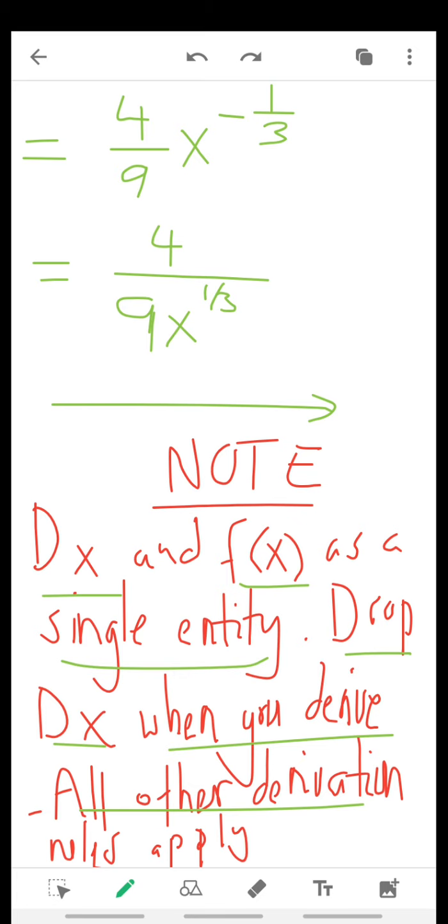Okay, very important. And then also please read down there on the note. I think I've already emphasized this. Drop dx when you derive. All other derivation rules apply. That is our power rule.